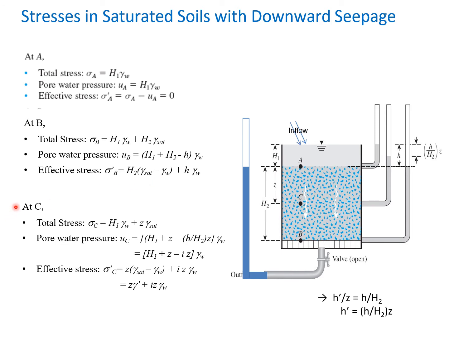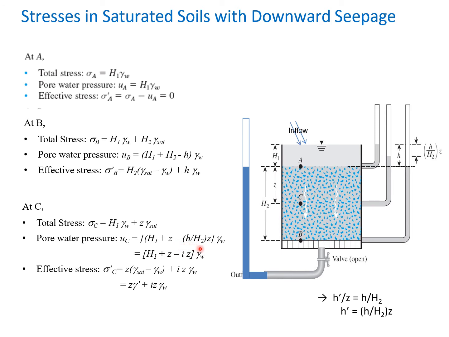Now extending this concept for point C, total stress sigma C is equal to gamma W H1 plus gamma W Z, and the pore water pressure is gamma W H1 plus gamma W Z minus H over capital H2 multiplied by Z into gamma W. So that is the additional term with the negative sign, and that is because of the seepage in the downward direction.